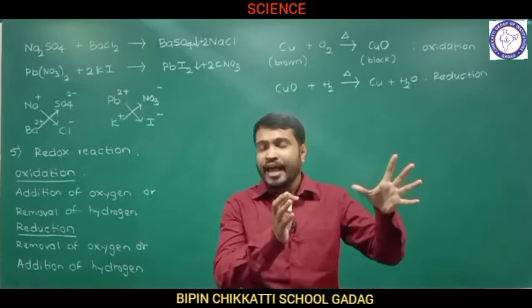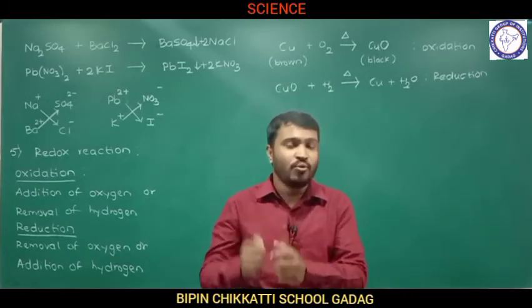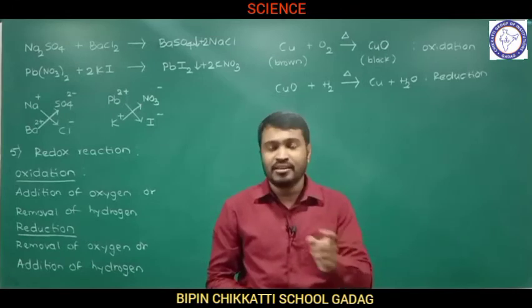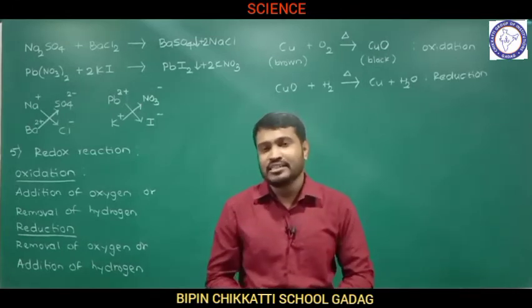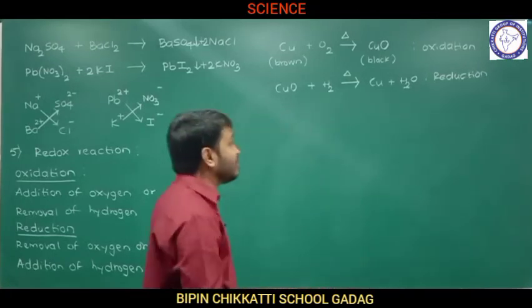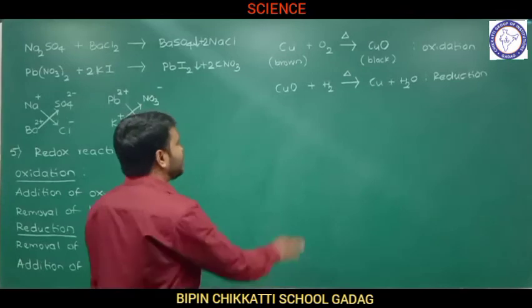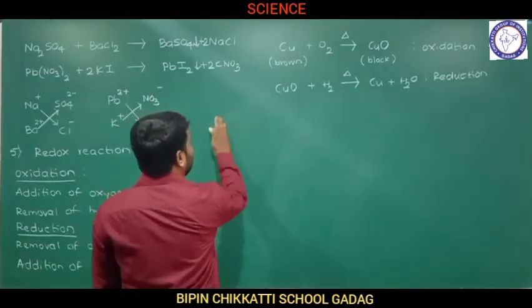We don't have any reaction with only oxidation, and we don't have any reaction with only reduction. Where there is oxidation, there should be reduction also. A reaction where oxidation and reduction take place at a time simultaneously, we call a redox reaction. So let me consider one example to explain the concept of redox reaction.